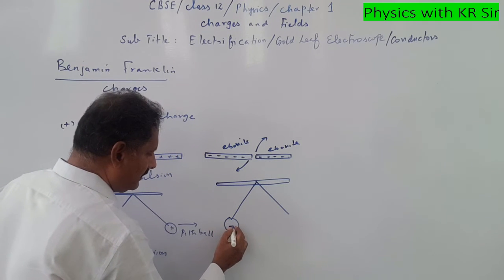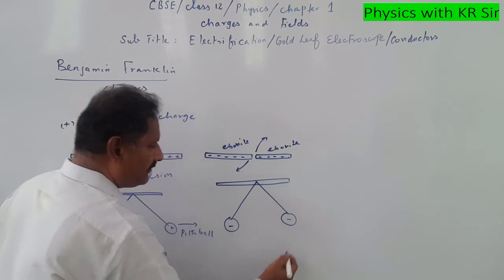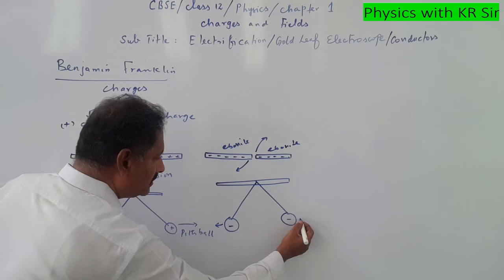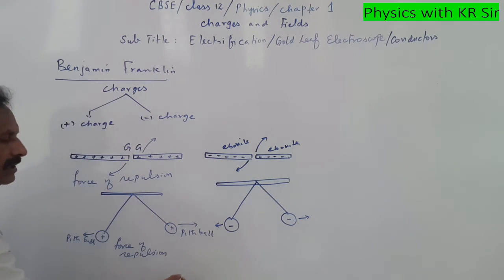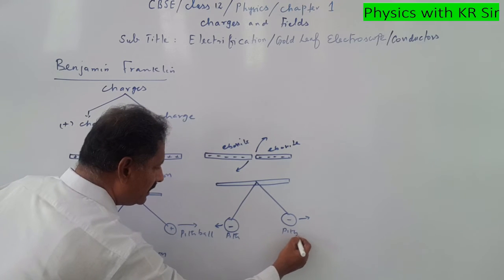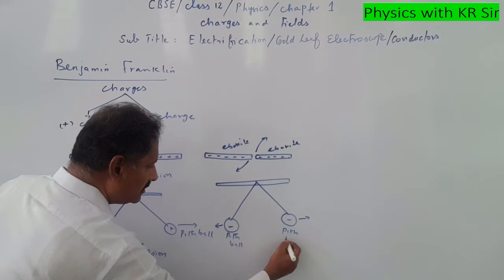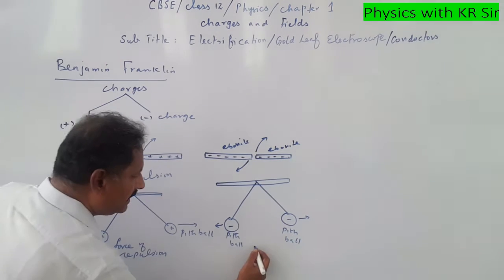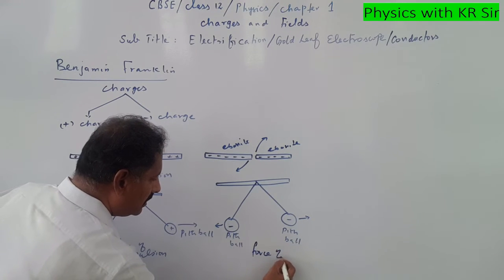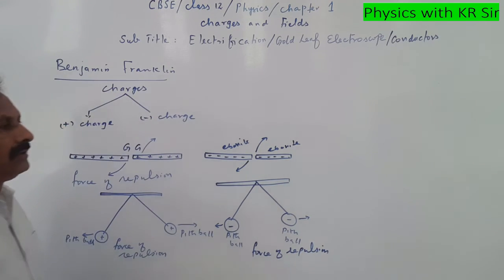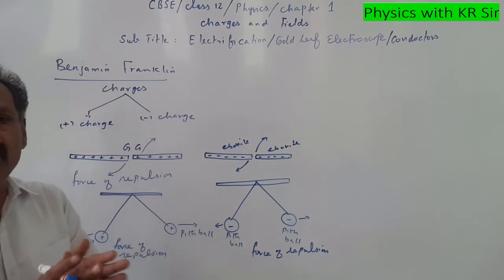This is one pith ball having negative charge, another pith ball having negative charge. So again there is force of repulsion between these two pith balls. So according to Benjamin Franklin, like charges repel each other.